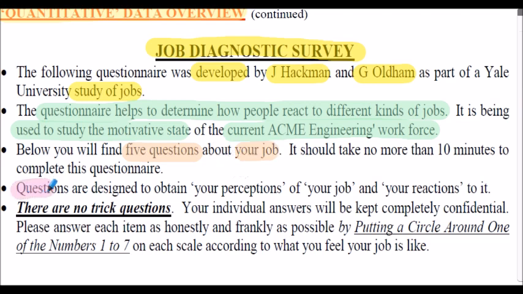The questions were designed to obtain the workers' perceptions of their jobs and their reactions to it. Again, a Likert scale was used with responses from 1 to 7, and the workers were asked to place a circle around one of these responses to show their level of agreement.